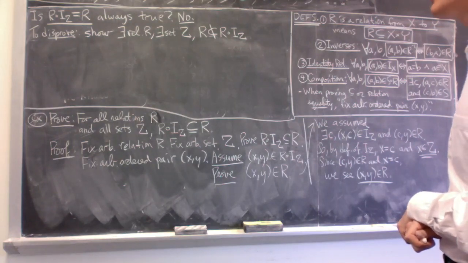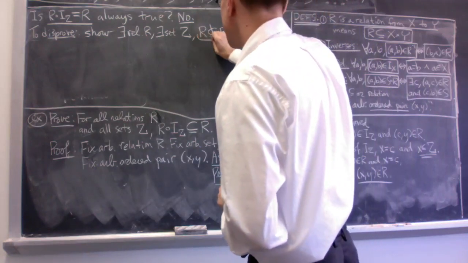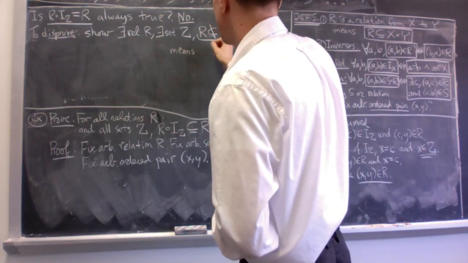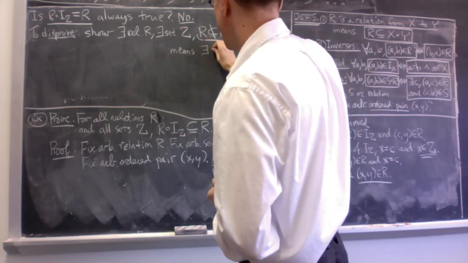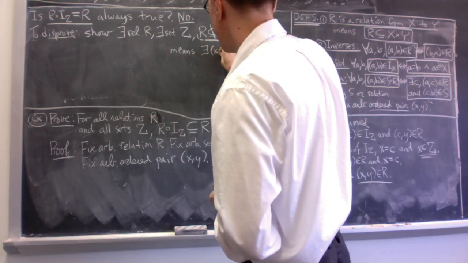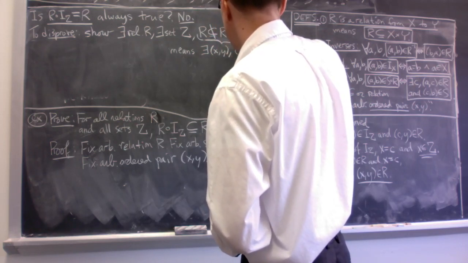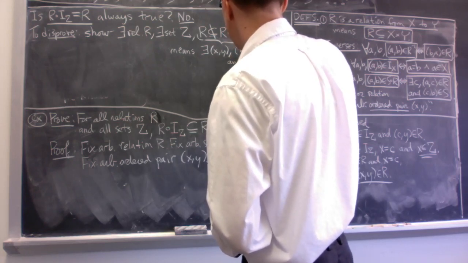Okay. So we need an example. And also, what does this mean? If you negate the definition of subset, keeping in mind this is a relation, that means we have to find an example of an x, y ordered pair where x comma y is in R, but it's not in the composition.